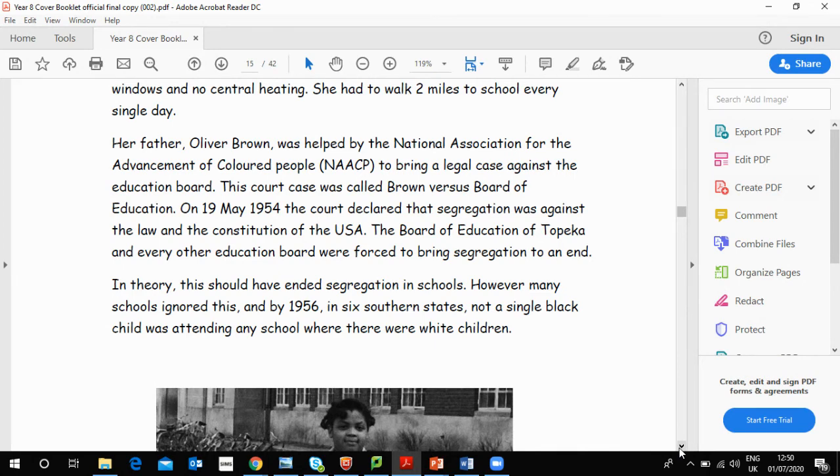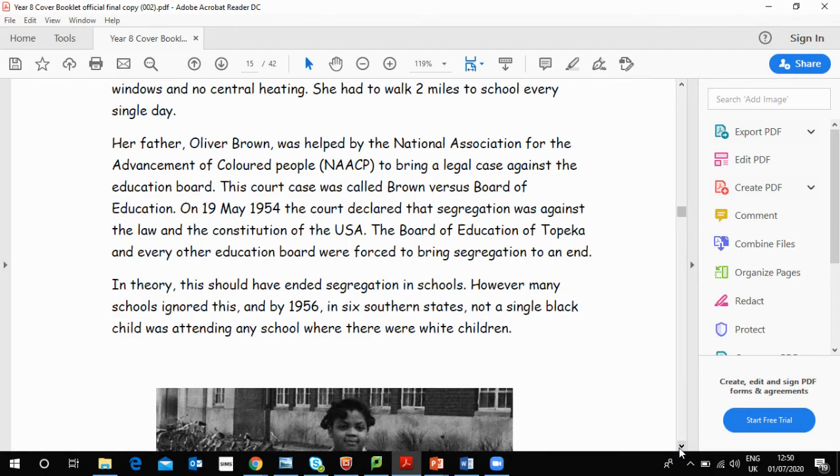So the outcome of that trial was that children had to have the same level of education. It didn't matter where they came from, what race they were, what religion they were, what their ethnic background was. Every child should have the same education. So it was declared against the law and the Constitution of the United States of America.